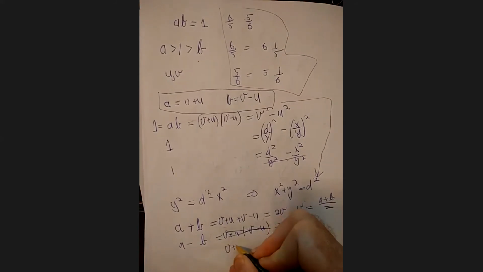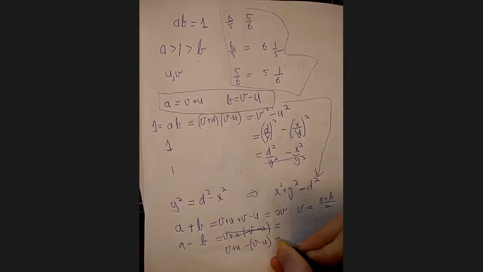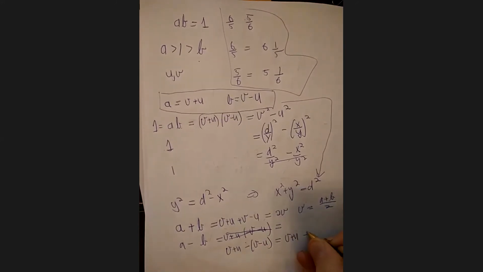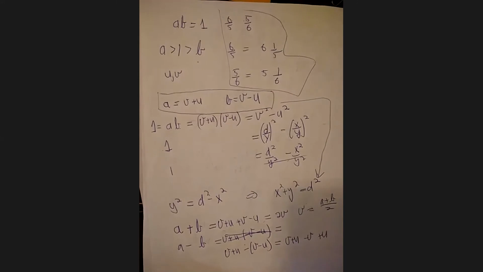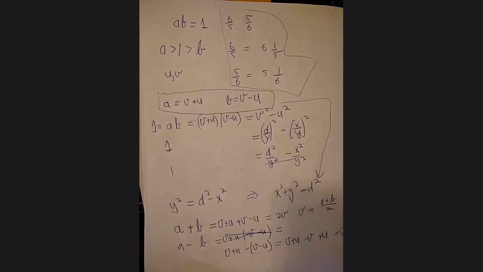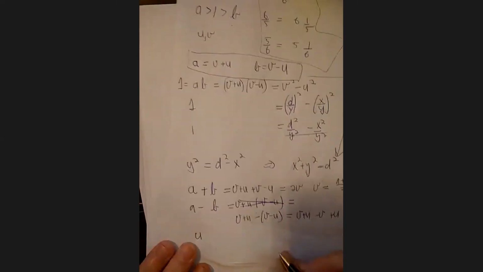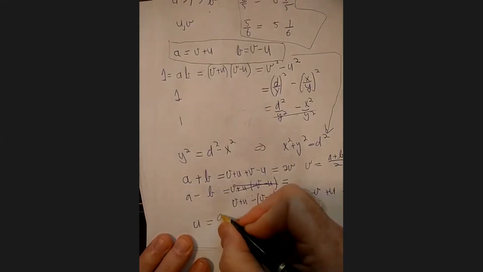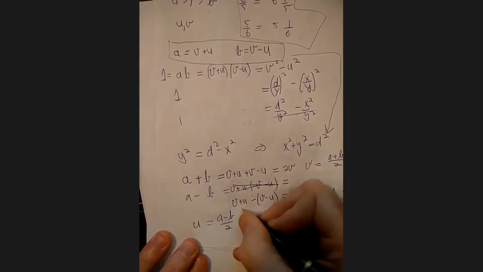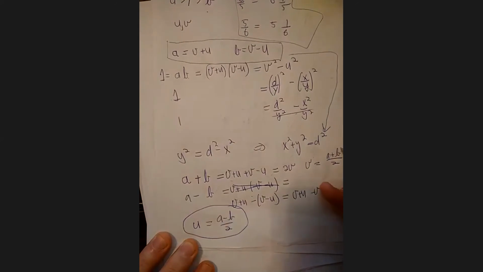V plus U minus quantity V minus U. V plus U minus V plus U. 2U. So U is equal to the difference divided by 2. And again, you saw something similar in the quadratic length width algorithm that two of you talked about.